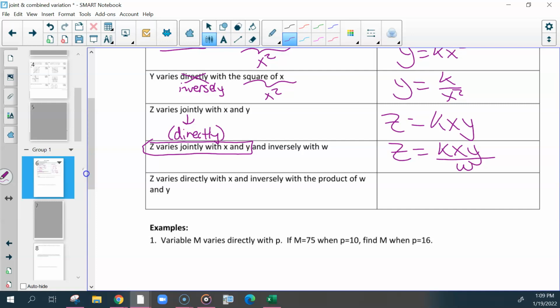So when you see inversely, you should be thinking, I'm going to divide by this variable. Directly or jointly, I should be multiplying these variables. So I want you to take a second and try this last one, and then we'll come back and I'll see what you made.